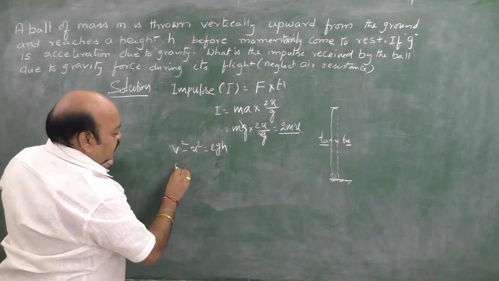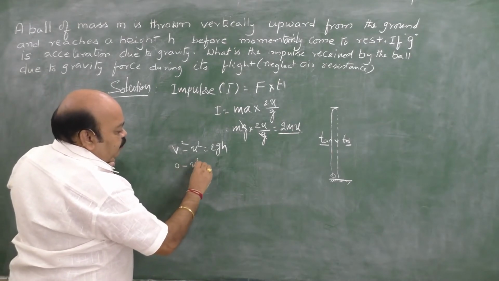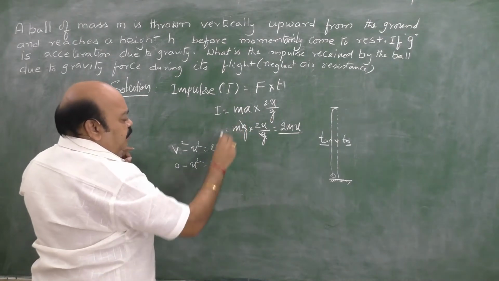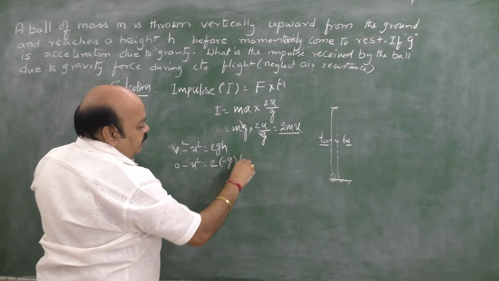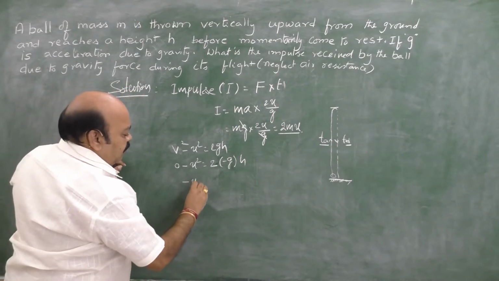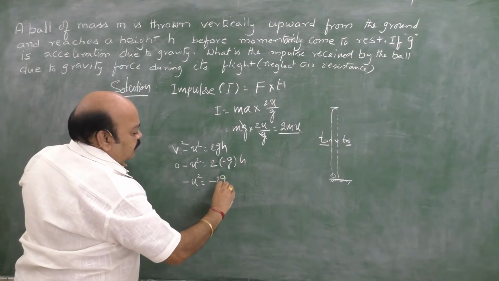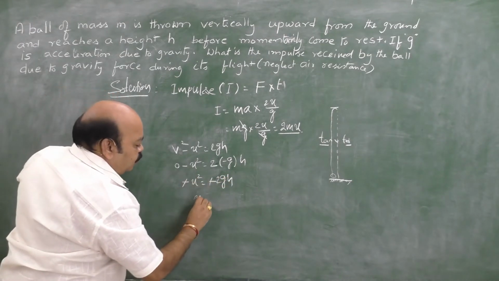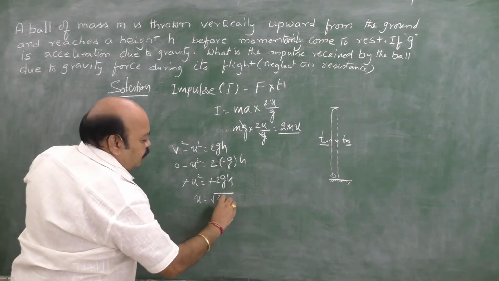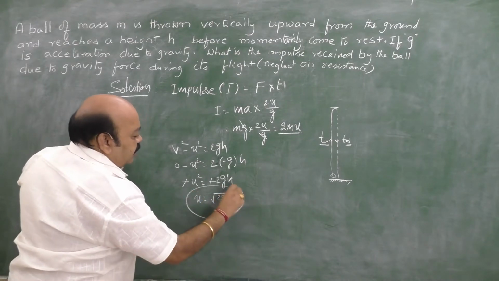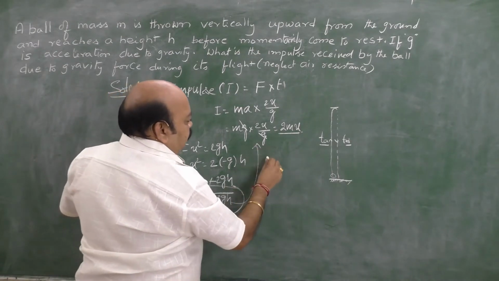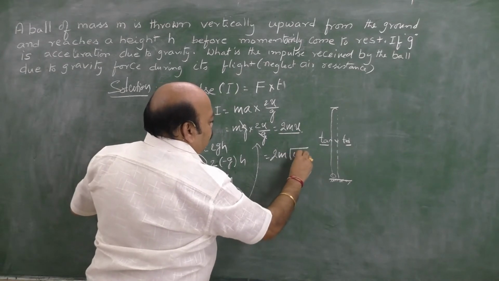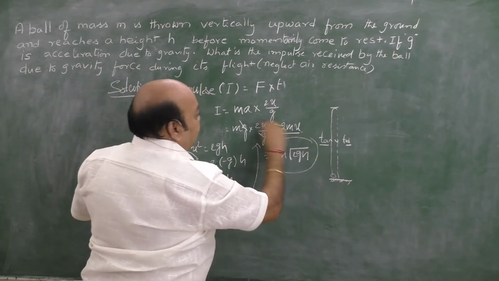The final velocity is 0, so minus u square equals 2 into, since moving up, we have to write minus g, and h. Nothing but minus u square is equal to minus 2gh. The minus gets cancelled, and u is equal to square root of 2gh. So, we can substitute this in the above solution. The value is 2m into square root of 2gh. This is the final answer.